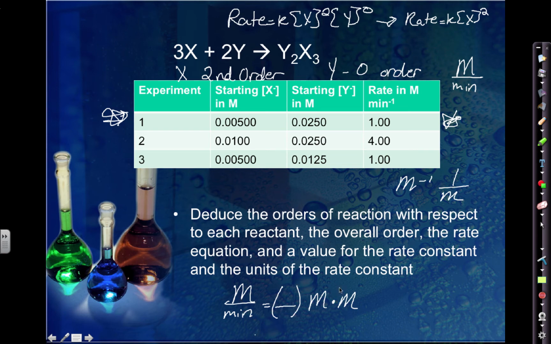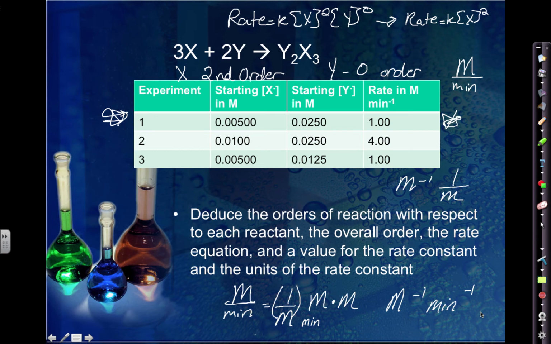So that means I need to get rid of one of these. Well, in order to do that, I can have a moles per liter on the bottom and get rid of them. Well, I also need a minute on the bottom. So a minute needs to be on the bottom. So it's just 1 over big M and minute. So 1 over M minute. So really, the units should be moles per liter to the negative first, minutes to the negative first.